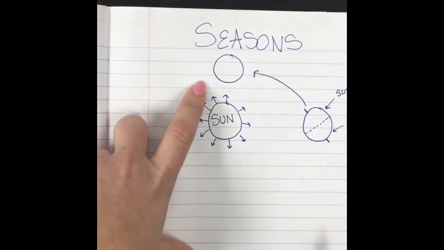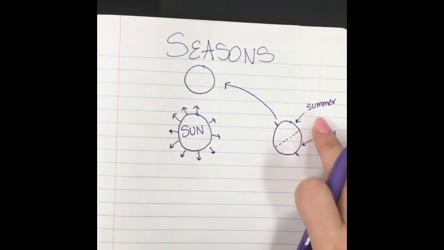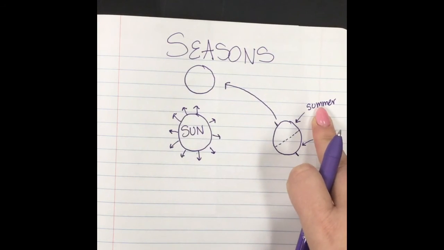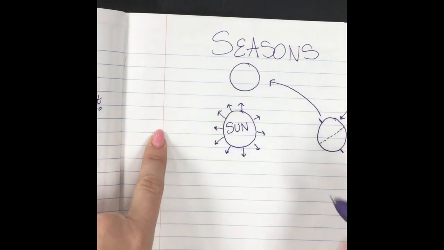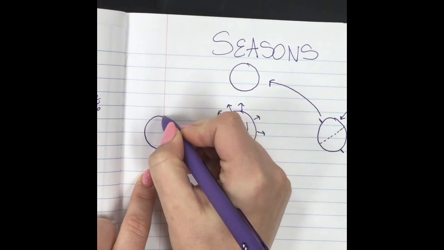So I'm going to draw this, but I'm actually going to skip it real quick, because here's the easiest way that I found to do it, if you do it by opposites. So we started in summer. The opposite of summer, which is going to be on the other side of the sun, is winter. So I'm going to jump over here to winter.